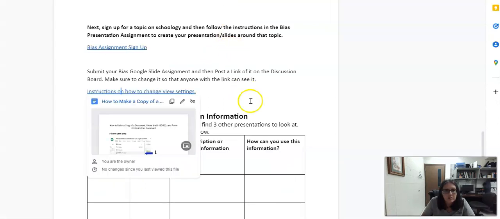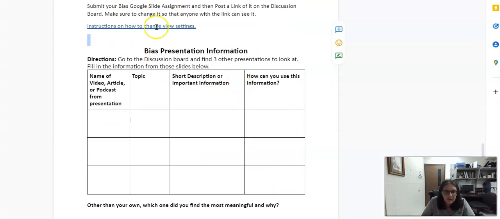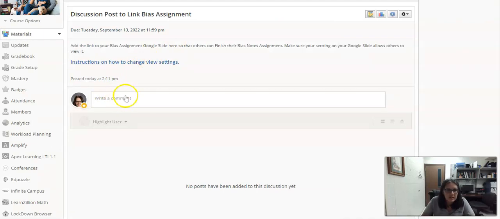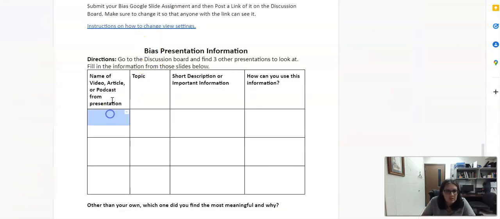Once you finish with that, you're done with your assignment. You may have to wait a little bit if you're the first person to do it, but then you click on someone else's link under the discussion post. You're going to look at three people's, and for each you'll put their name, the title of the article, the topic, a shorter description than their summary, and how you can use this information.